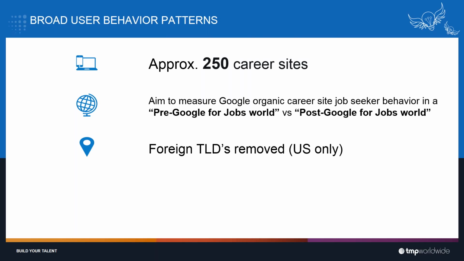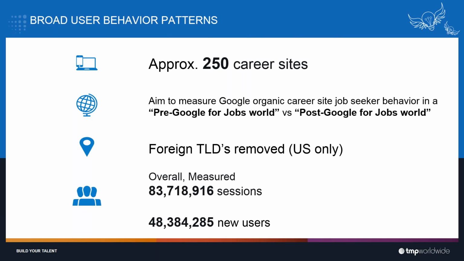Since this has been live in the US only since June 20th, I did remove all foreign top-level domains. We do build career sites in different countries and different languages. As I showed earlier, it's now live in Latin America and South America. That's more recent, so those were removed from this study. We're only looking at United States Talent Brew career sites here.